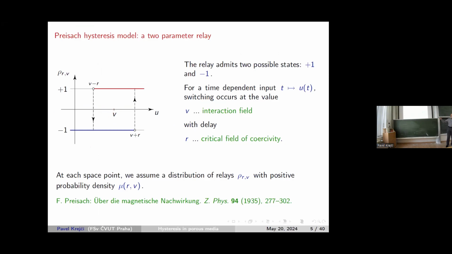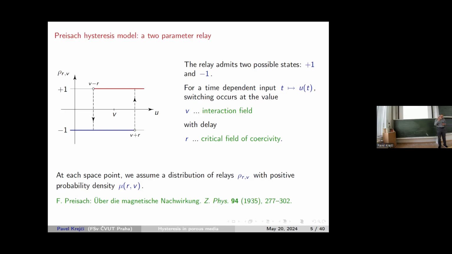So u increases, decreases. When u increases and reaches the value of v plus r, it switches up to +1. And then u decreases and remains +1 until it reaches the value of v minus r and then switches down to -1. This is called a relay with interaction field v, and r critical field of coercivity.